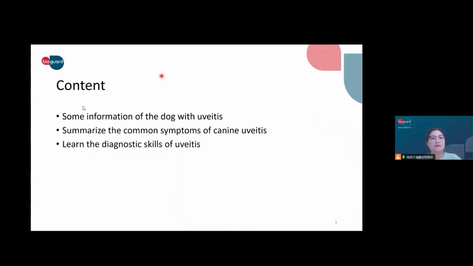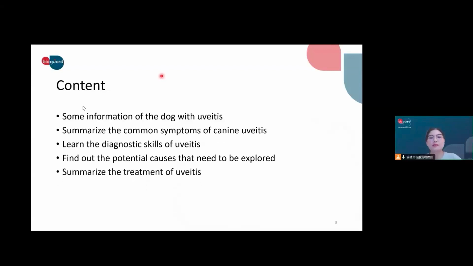Secondly, we learn the diagnostic skills of uveitis and find out the potential causes that need to be explored. At the final part of my session, we summarize the treatment of uveitis, and I'd like to share with you the outcome of this case.